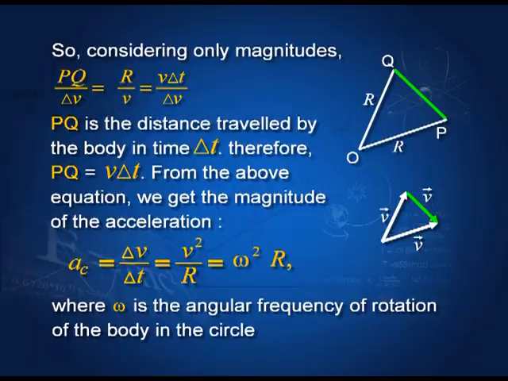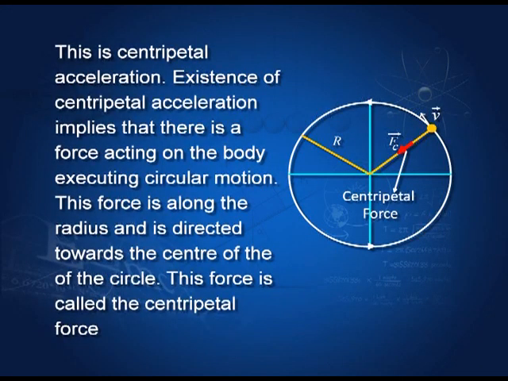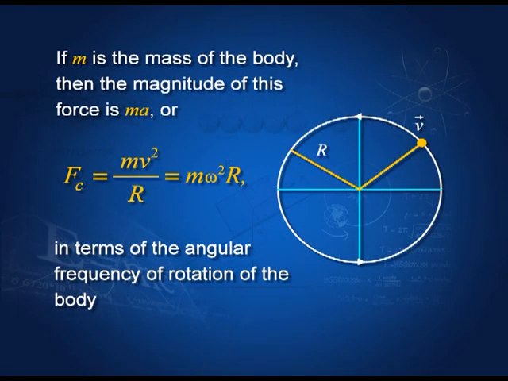This is an important relation, and I hope you have understood how this formula is derived. If there is acceleration, there must be a force, and this acceleration, the centripetal acceleration, is along the direction to the center of the circle, and therefore, the force is also along the line joining this object with the center of the circle. And if m is the mass of the object, then the centripetal force is mv squared by r.